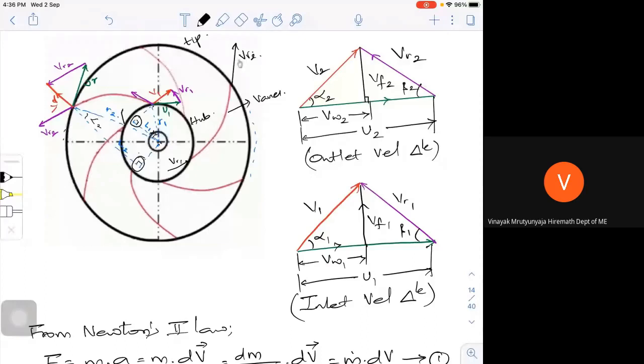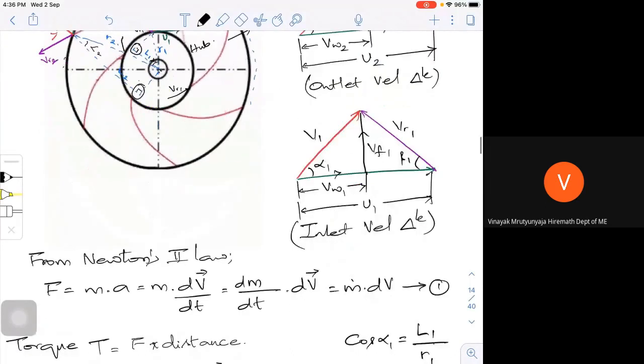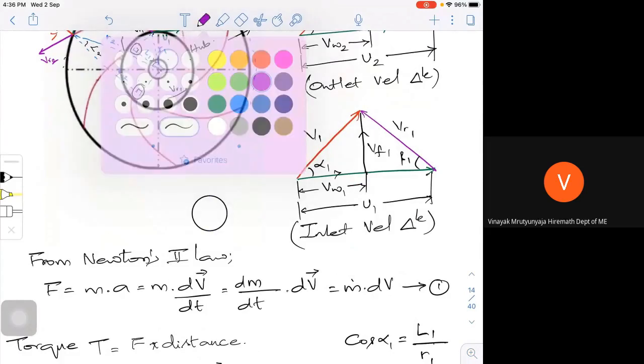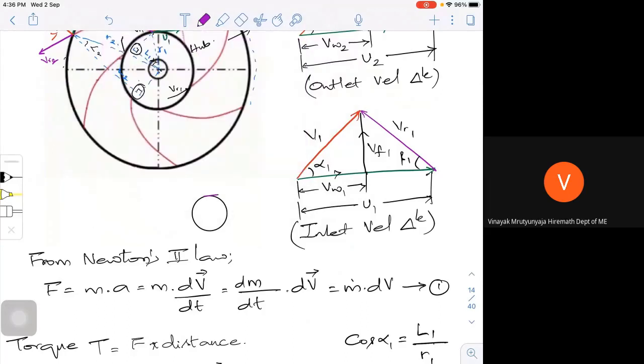Fine. Now let me tell this clearly. I will show it for one, and you can do it for the others. This is my U, and my blades are going like this.